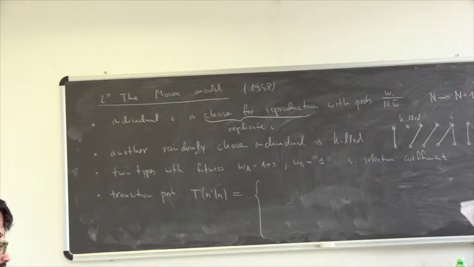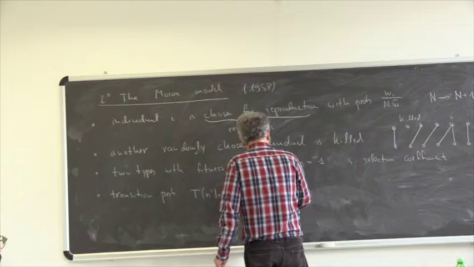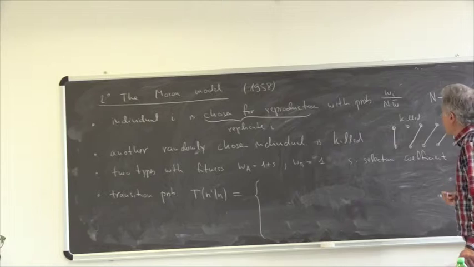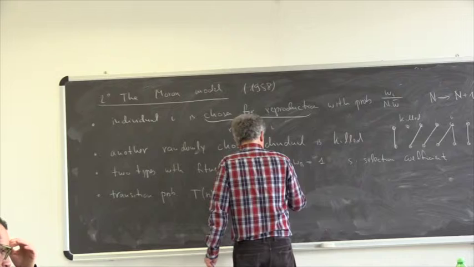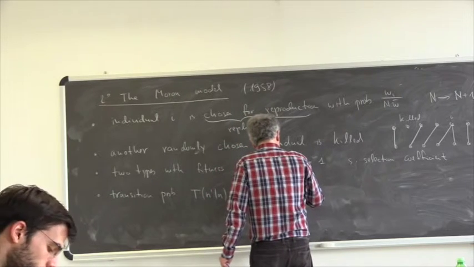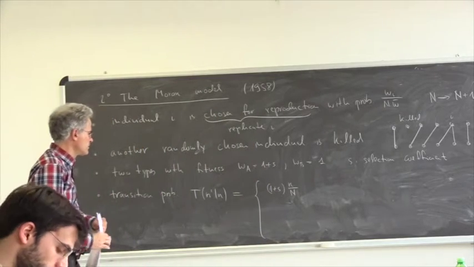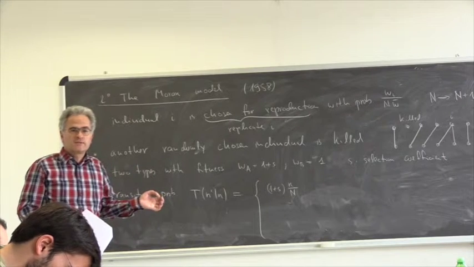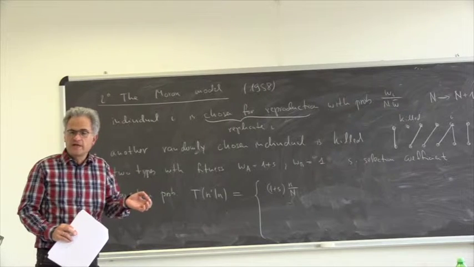So suppose that I pick an A individual for reproduction. This will happen with a probability that is equal to the fitness of the A individuals times their frequency. Okay, so this is the probability of choosing an A individual for reproduction. Then I have to choose somebody to kill. Of course, if I kill also an A individual, then the number of A individuals will not change.